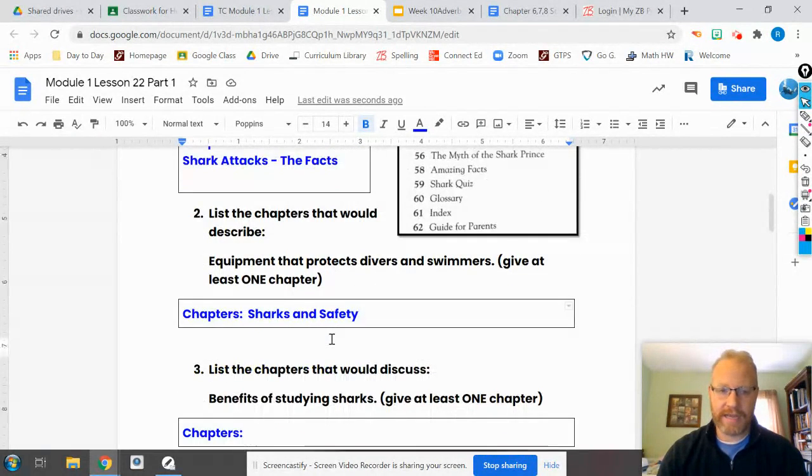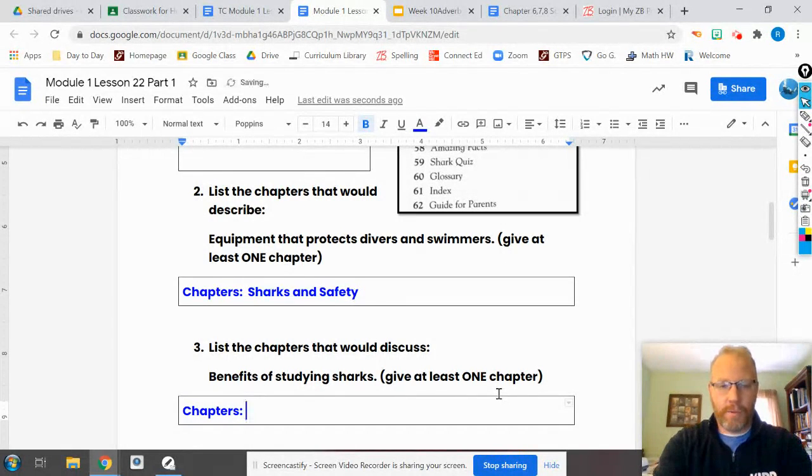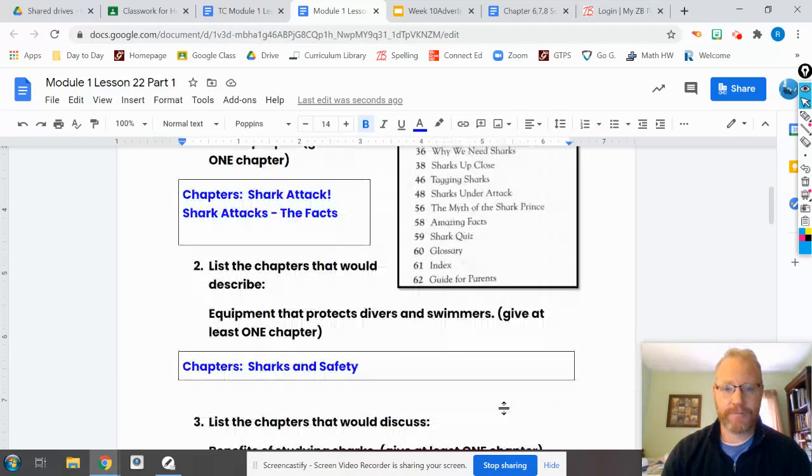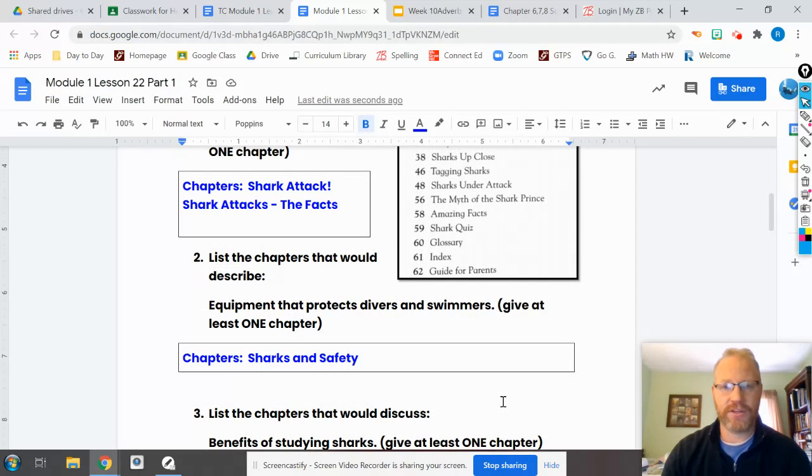Well, yesterday we talked about Why We Need Sharks, page 36. That was a chapter that discussed specifically why we need sharks, why humans need sharks. So, the benefits of having sharks.